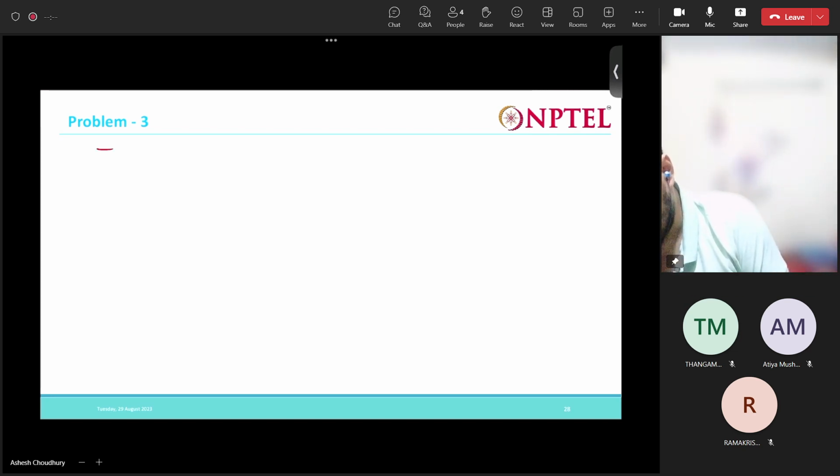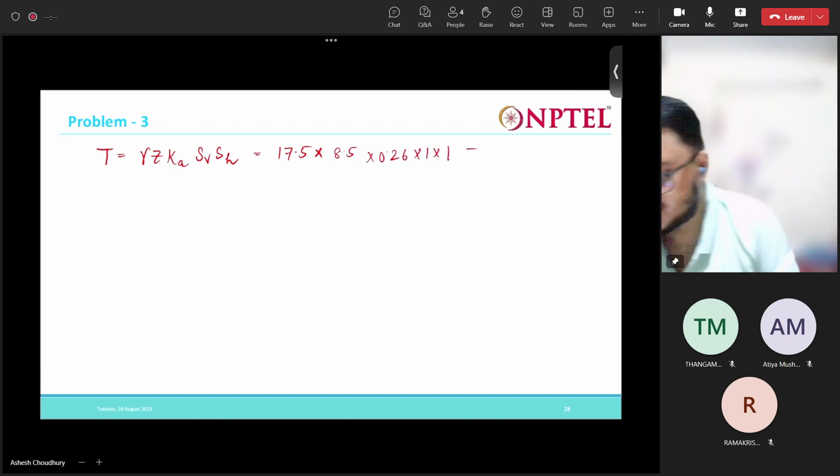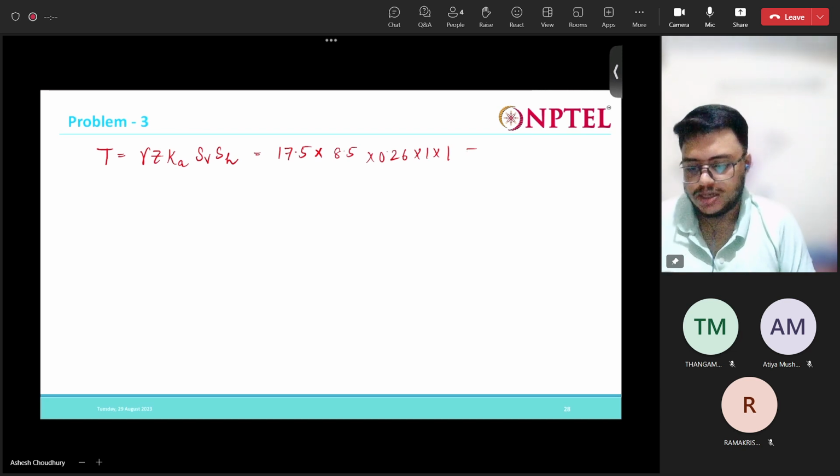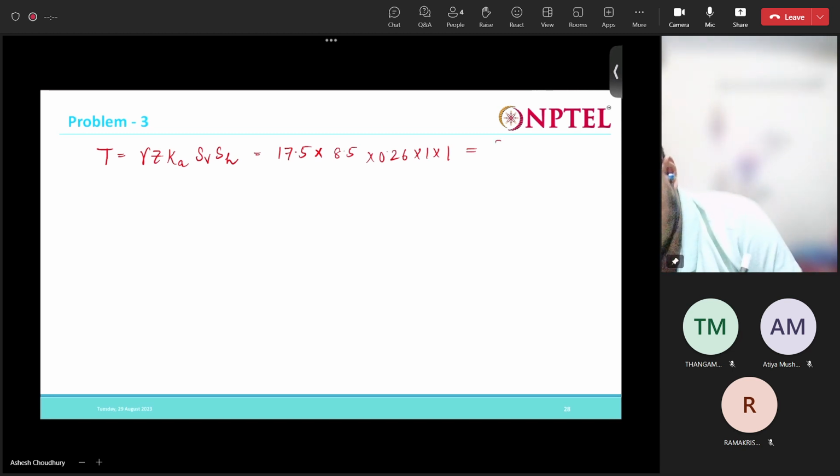So tension is gamma z k. What is z? 8.5 for the ninth strip. Z is 8.5. So how much is it coming? 17.5 into 8.5 into 0.26, 38.68 kilonewton.